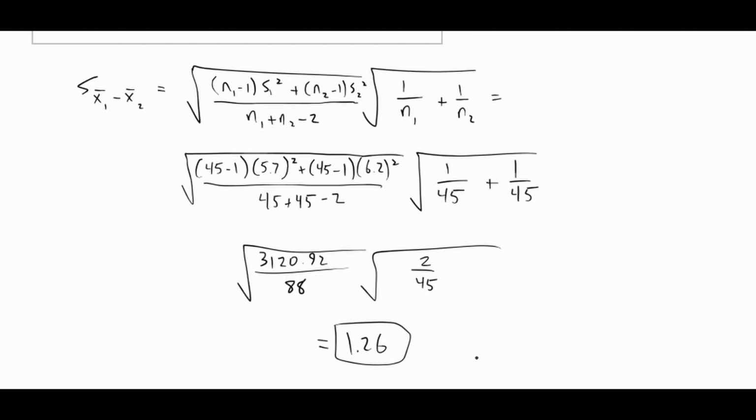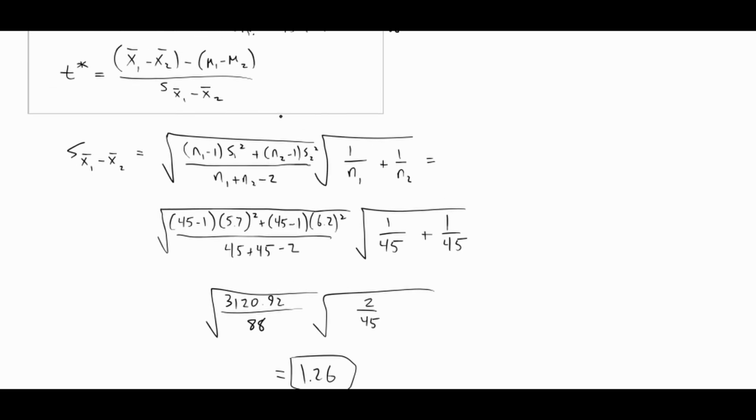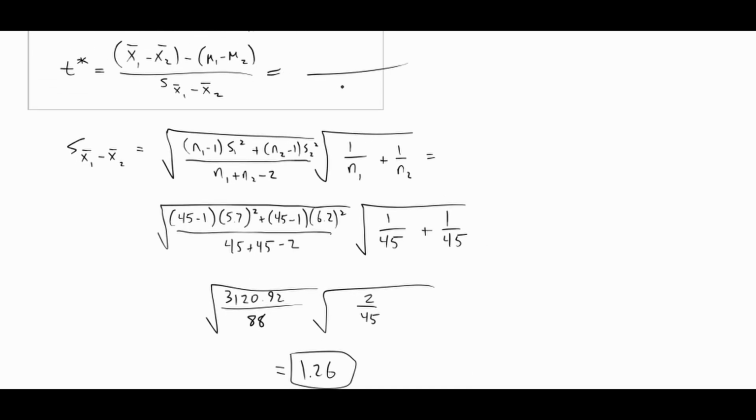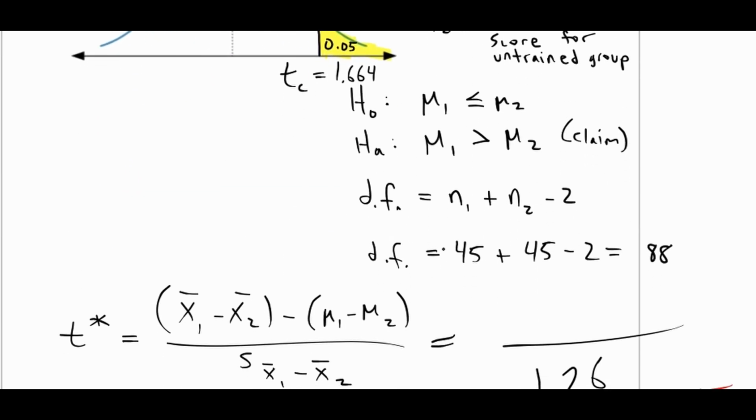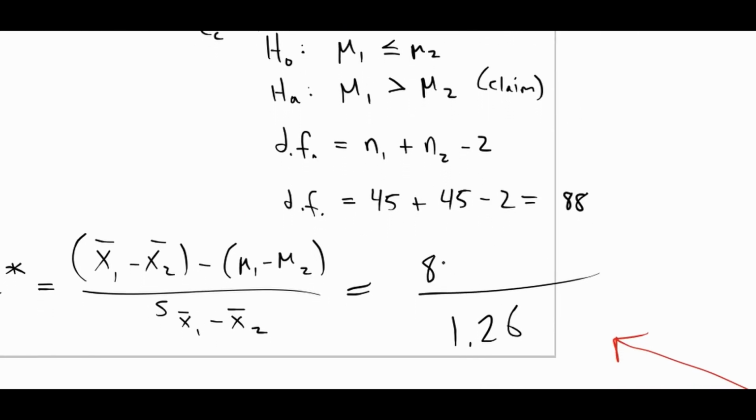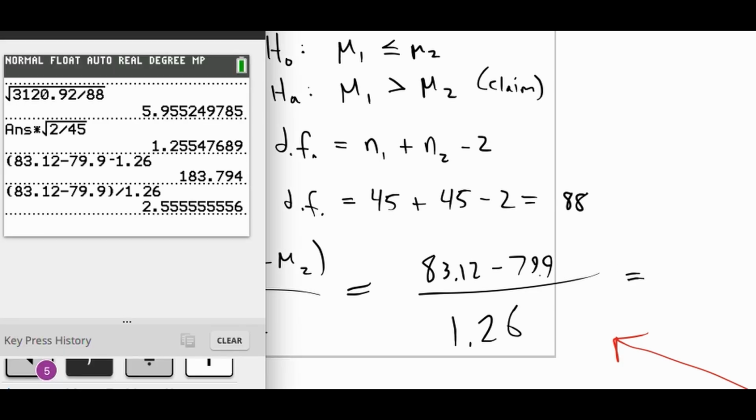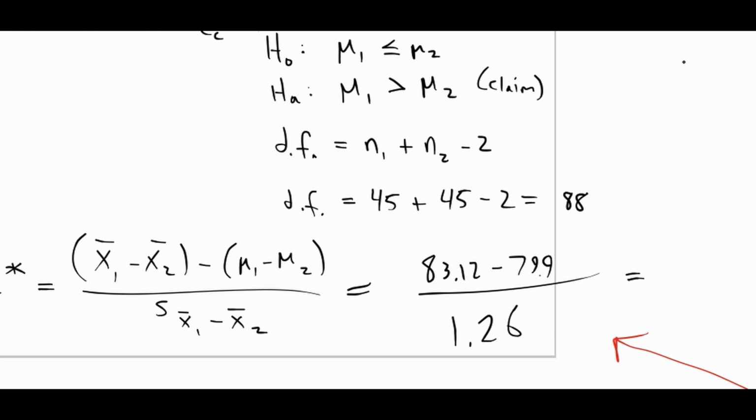Now that I have that, I can go back to my T star formula and put that in for the denominator. And then in the numerator, we'll subtract our sample means, which were 83.12 and 79.9. I get 2.56.